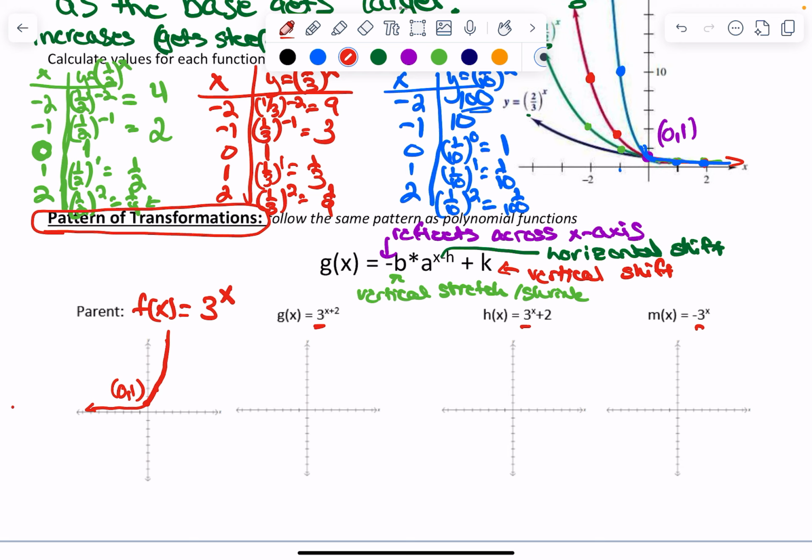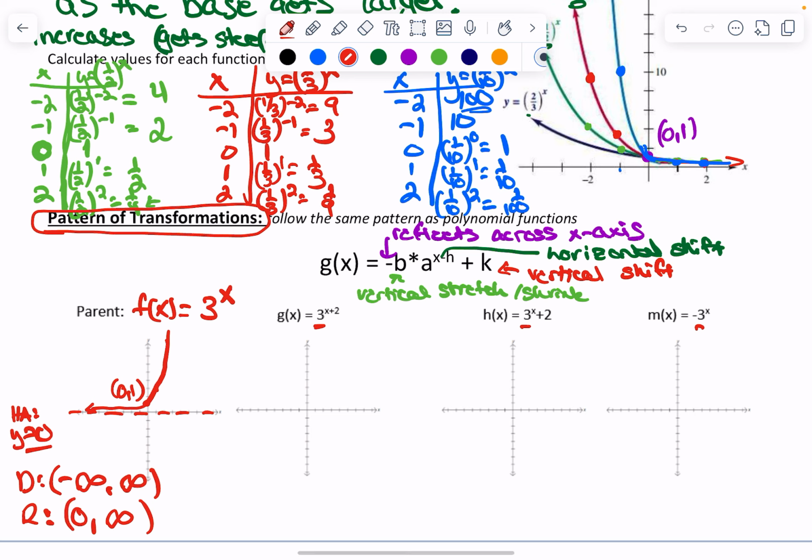Our horizontal asymptote for this is y equals 0, so the x-axis right here. Our domain is going to be -infinity to infinity, all real numbers. Our range, well, we have the horizontal asymptote, so that is from 0 to infinity. We're going up towards the positive numbers.